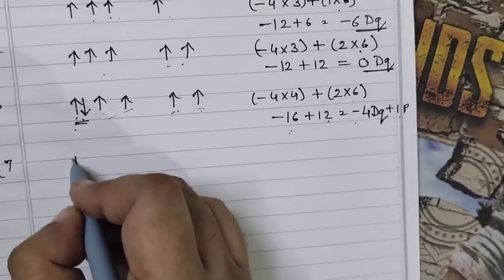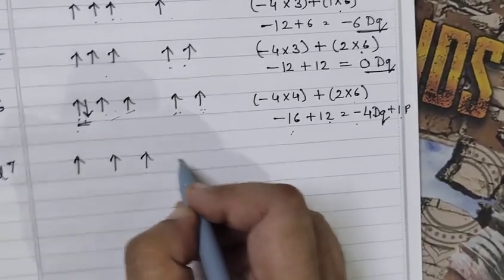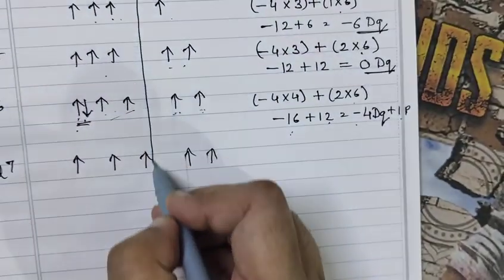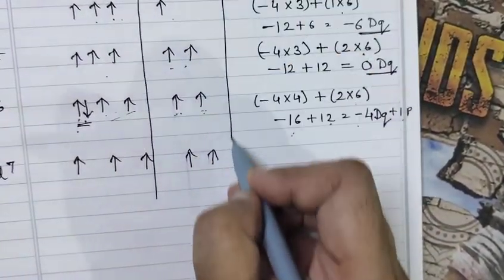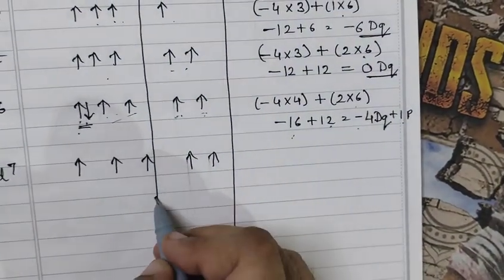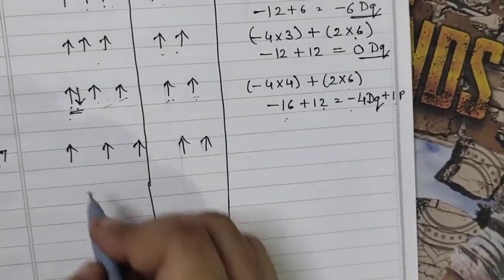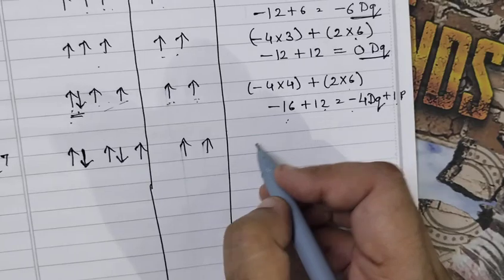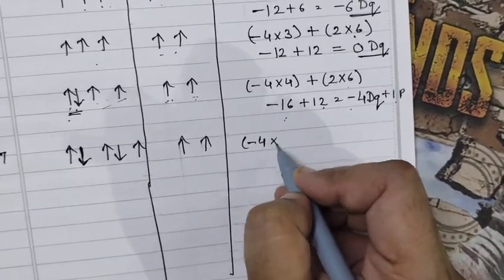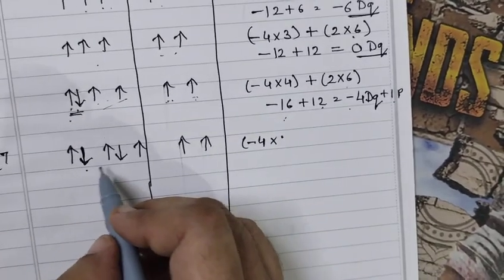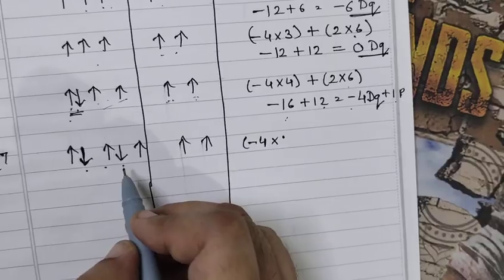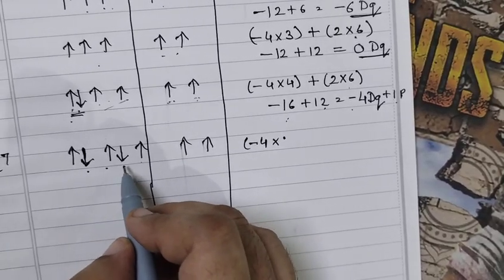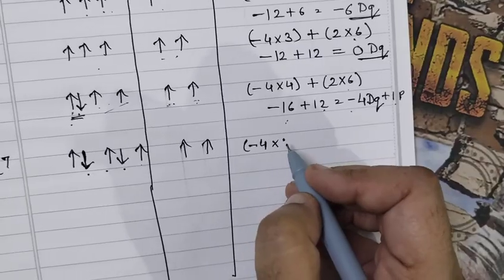Similarly, D7 will have 1, 2, 3, 4, 5. First you will fill in T2G and then you will fill in EG. And when 1, 1 will be filled, then 6th electron, 7th electron. So you will have minus 4 for 5 electrons here.